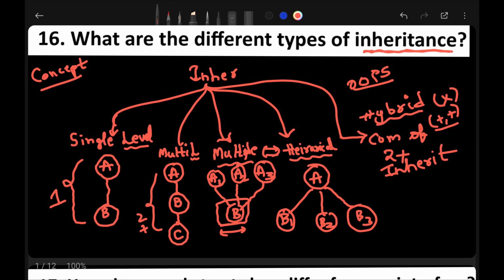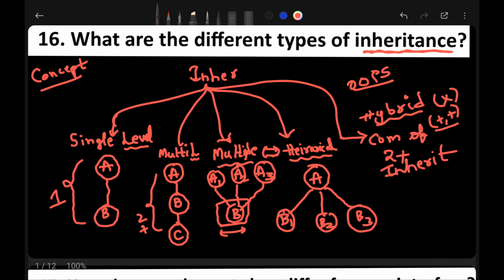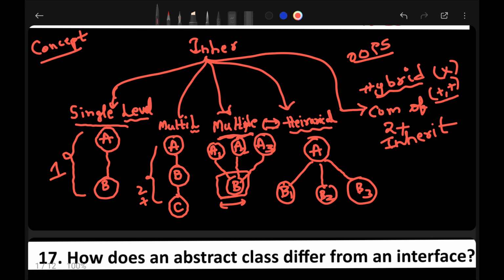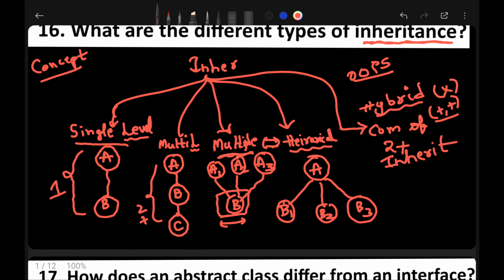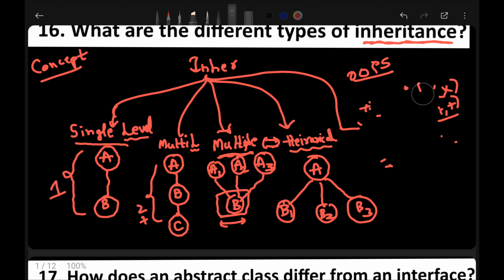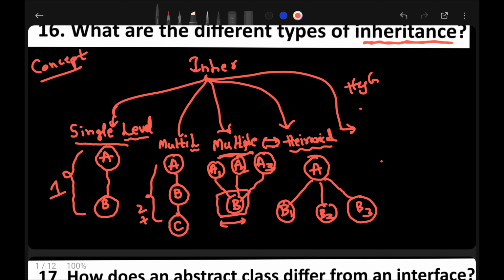Okay, simple. This is what is called hybrid inheritance. For example, if I combine single level inheritance and multiple inheritance, what will be happening? Wait, let me erase this, just a minute.